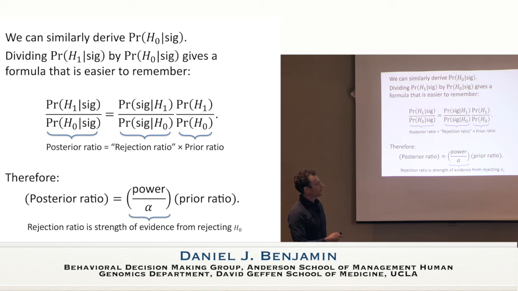You start with some prior, and when you get a significant result, the rejection ratio is by how much you should increase your weight on there really being an effect relative to no effect when you're updating to your posterior ratio.